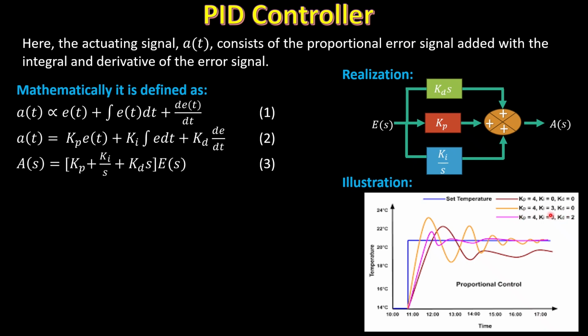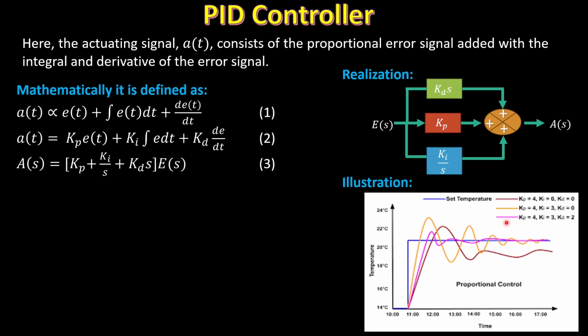Since it is an integral controller, I am expecting the error should be 0. And yes, you can see oscillations are very high. I mean the maximum overshoot is high because integral control introduces oscillations. So oscillations are high, but the error is eventually 0.